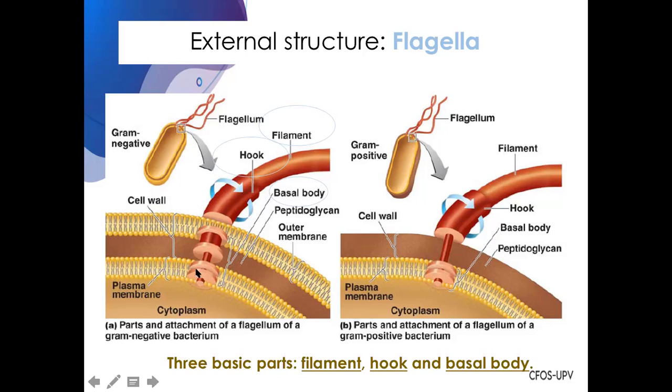Okay, so notice the difference of the flagella of the 2 types of cell, the gram-negative, this one, and the gram-positive bacterium. The gram-positive bacterium only has 2 hooks in its basal body, while this gram-negative bacterium has several in its basal body. So why is it that there is a difference in the flagellar structure of the 2 types of bacterium?